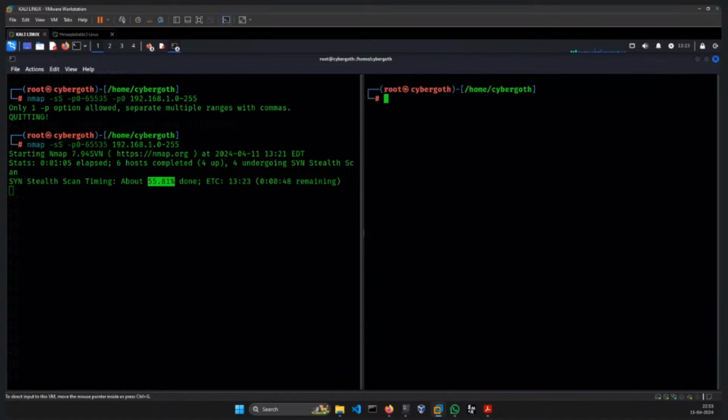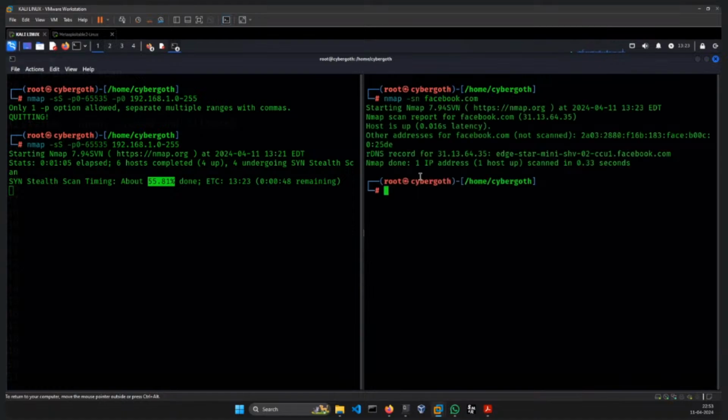Now coming to ICMP scanning, that is nmap -sn. For example, let's do facebook.com. One IP address scanned in 0.33 seconds, and you will see the host is up. This -sn ICMP ping scan is how fast? You can see it took only 0.33 seconds. So we can do this with our range also, right?